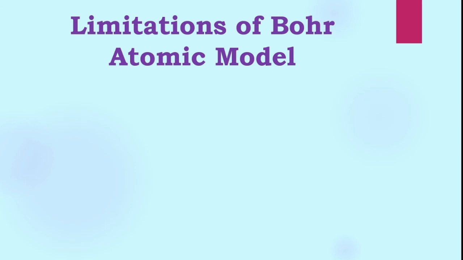Now, what are the limitations? Bohr's model is also not a perfect one. There are several limitations of the Bohr atomic model. The first one is it is valid only for one-electron systems like hydrogen, helium plus, etc. It cannot explain complex atoms.